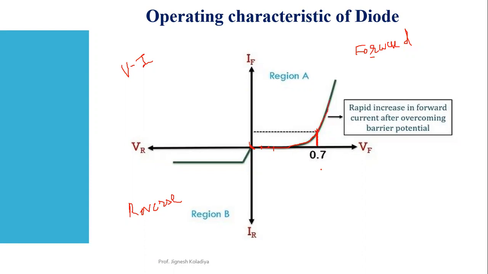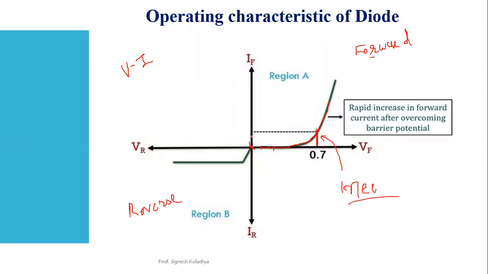You can see, because now the barrier is not there, it will automatically disappear because of this voltage. This voltage is known as the knee voltage. Remember, this voltage is known as knee voltage.